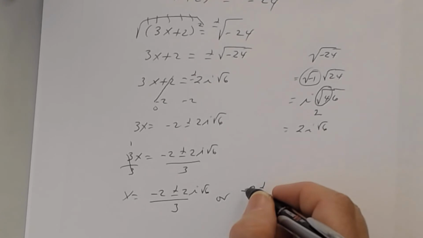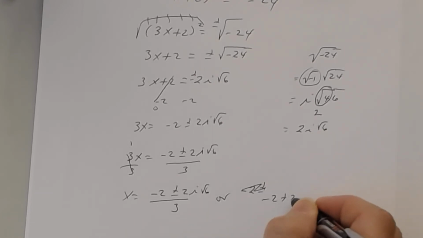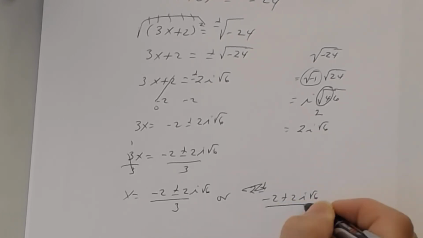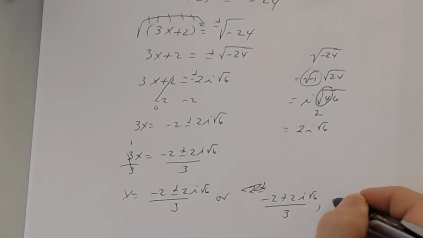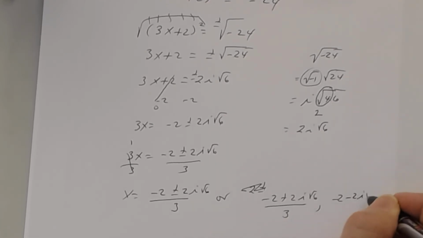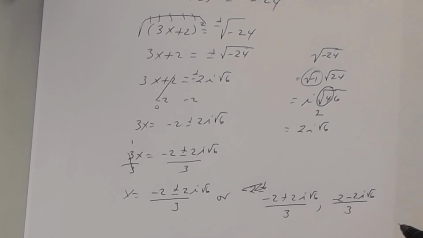Negative 2 plus 2i square root of 6 over 3. And what's the other? Negative 2 minus 2i square root of 6 over 3. Yep. All right. So that should help you with that worksheet I gave out earlier.